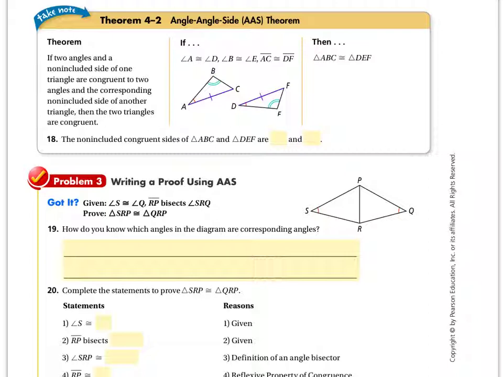Here's an angle, and there's the congruent side we're talking about. The non-included congruent sides of triangle ABC and DEF are segment AC and DF.